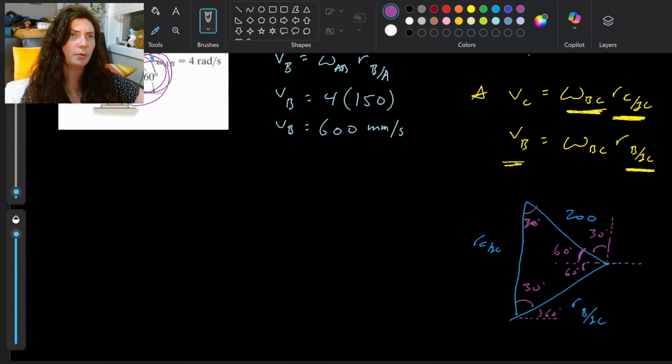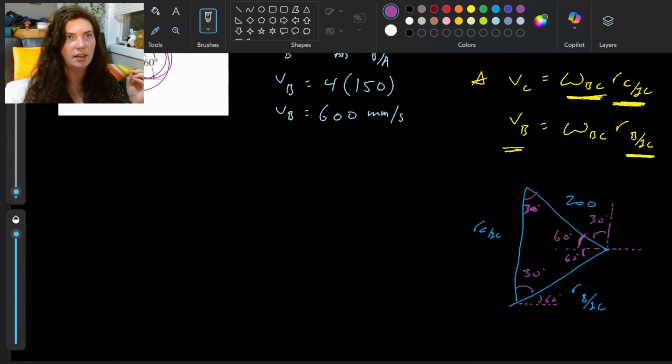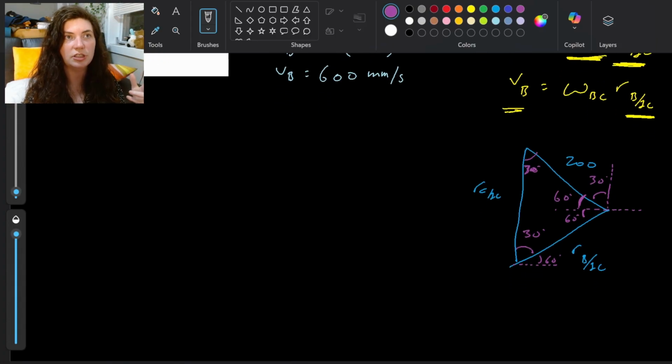So now that we were able to deduce all of those interior angles of this triangle, I can use some of these relationships to find what RC with respect to IC and what RB with respect to IC are. Honestly, the easiest way to do this is probably going to be law of sines.